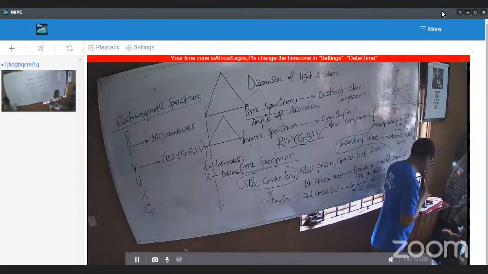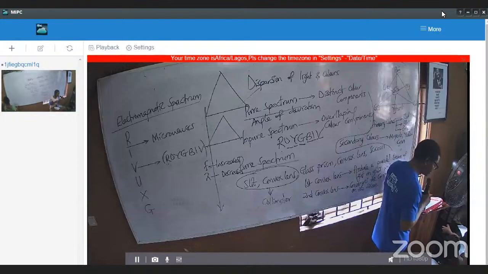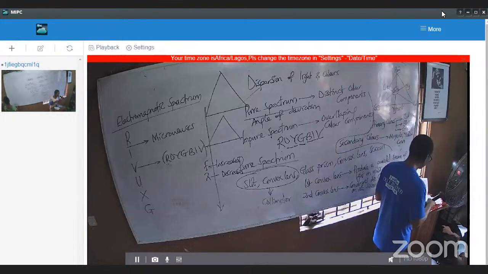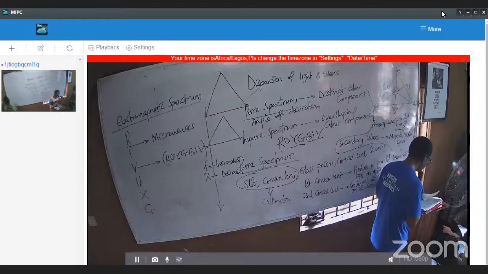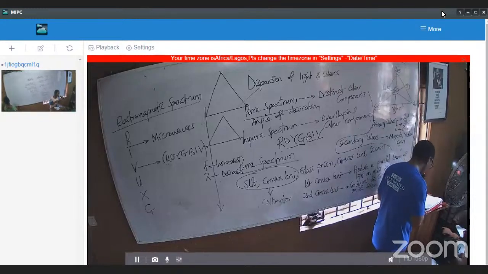Number 3. Which of the following has the longest wavelength? Can you see? They are repeating almost the same thing. Option A, infrared rays. Option B, gamma rays.